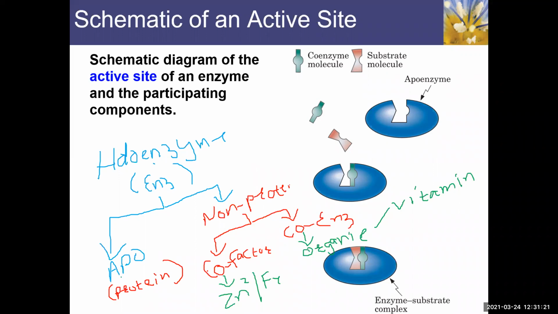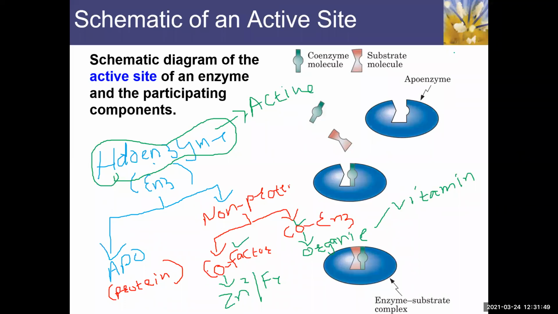So when you have a protein part called an apoenzyme, and when you have a non-protein part, it can be either a cofactor or a coenzyme. It depends upon what enzyme we're talking about. Then only it gives rise to a big enzyme, a complete enzyme, which is called a holoenzyme, and that makes your active enzyme. Otherwise, it is not an active enzyme.